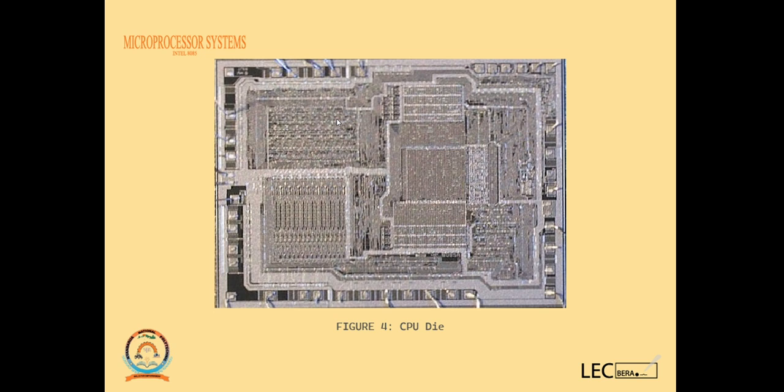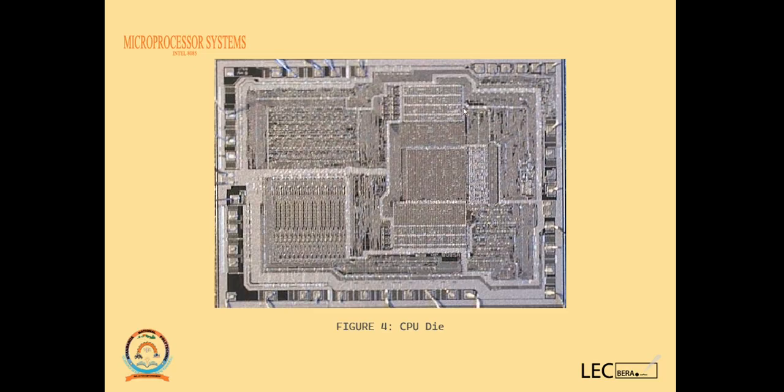The buses, what you are seeing as small lines, those are buses. We have the registers in here. We have the arithmetic logic in here. Actually, it was made using 75,000 transistors. Yeah, it's a lot, but it's very small compared to the current numbers.